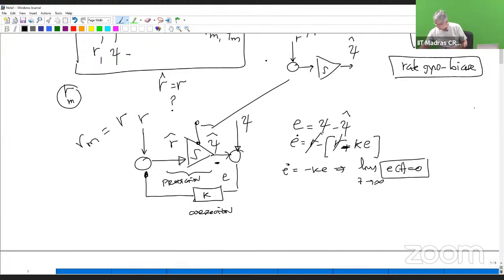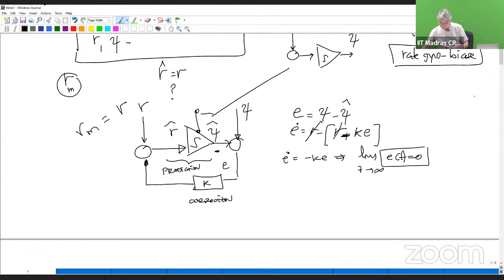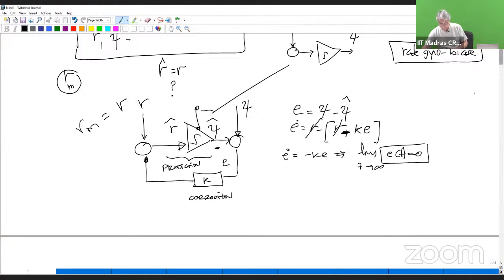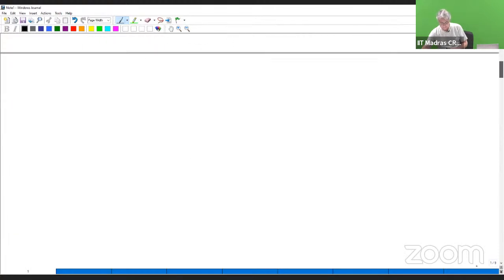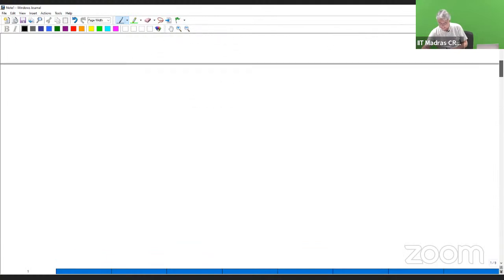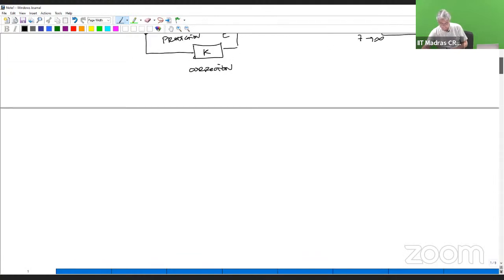Now, let's pay attention to something interesting. I'm assuming for the time being that the measurement of R is not corrupted with noise, okay? All right, we will get there. But you are right, I'll go back to this exercise, doing it more carefully.